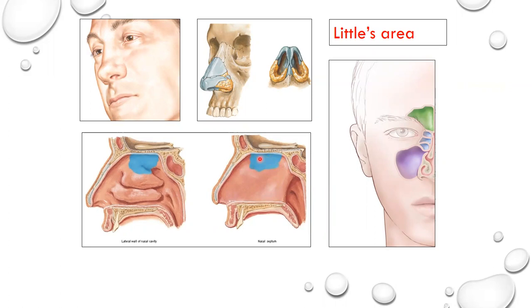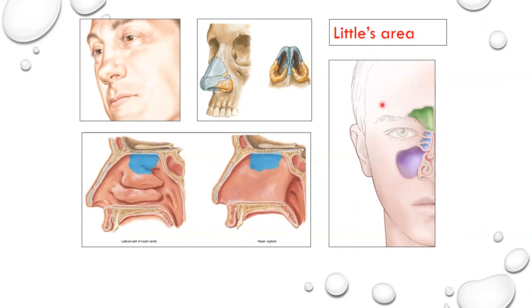And the presence of the olfactory area, which contains the sensory endings of the olfactory nerve, one of our cranial nerves, and some facts about the paranasal sinuses.